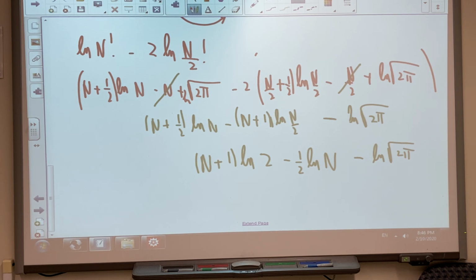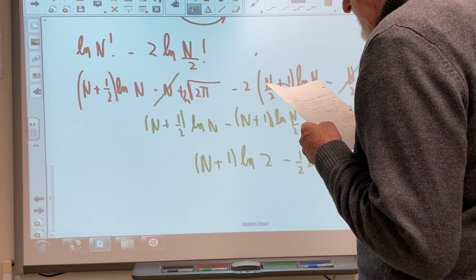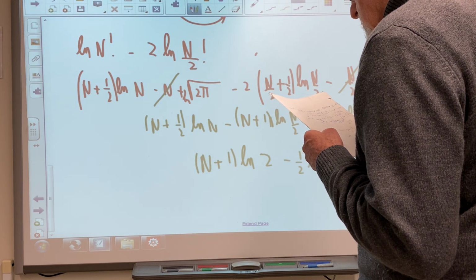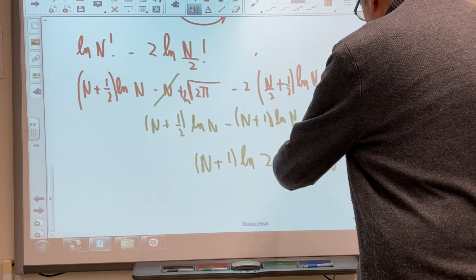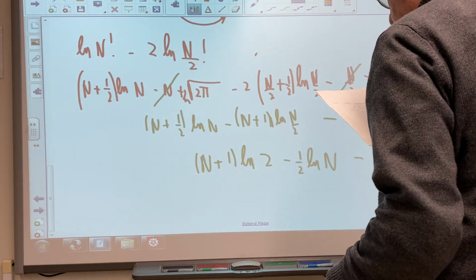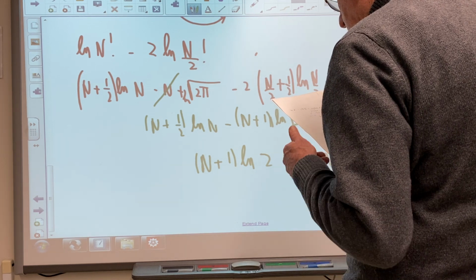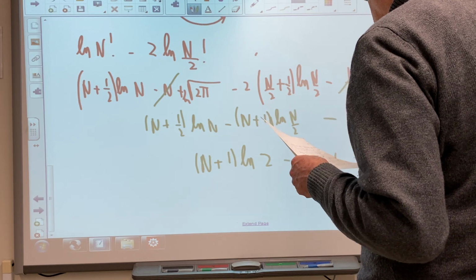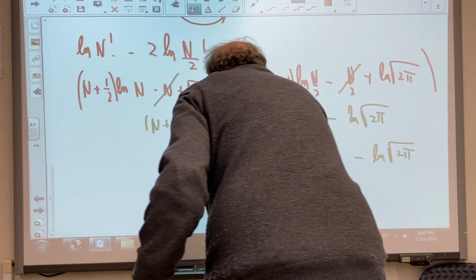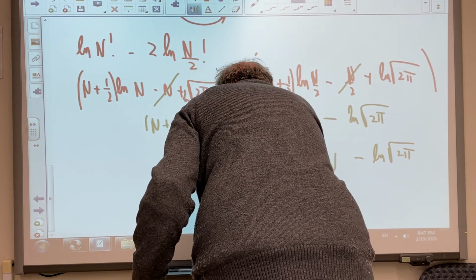And what is that? I have n plus 1/2 ln n. N plus 1 ln 2, I got that term, minus ln square root of 2 pi, that's okay, minus 1/2 ln n, that's okay. And that, how do I combine it to get the result I need? N ln 2 is the ln of 2 to the n.